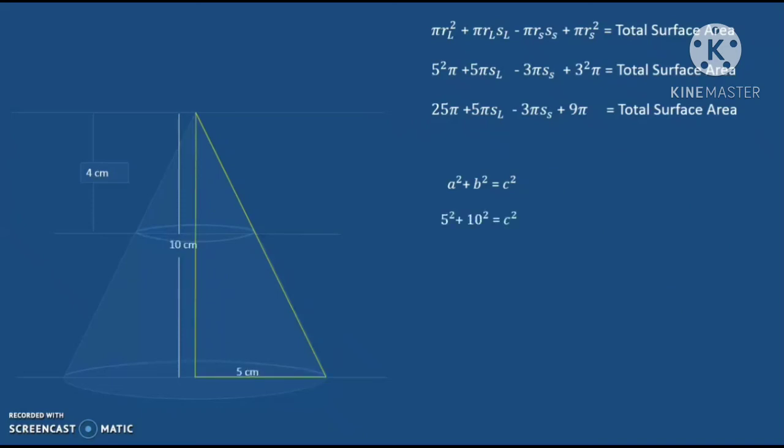We get 5² + 10² = c², which is 25 + 100 = c². We add 25 and 100 to get 125 = c². Let's square root both sides to get √125 = c. So the slant height for the larger cone is √125.